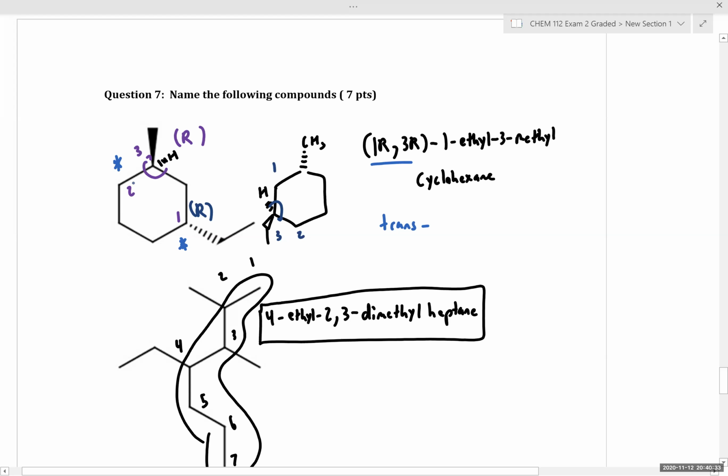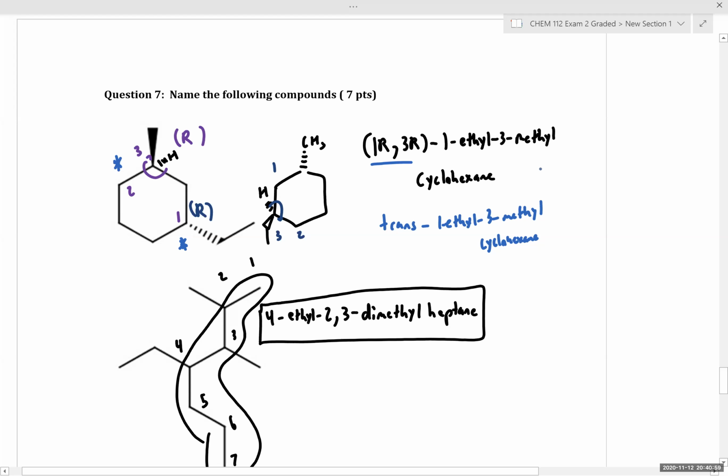It's not 100% correct, but I gave credit for it because it's technically a reasonable name. So most students got the 1-ethyl 3-methyl cyclohexane correct.